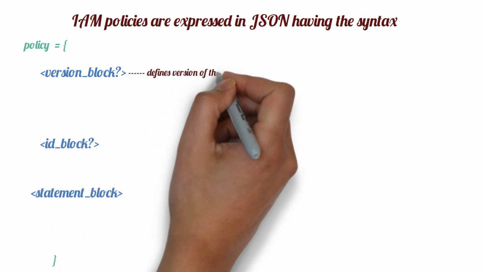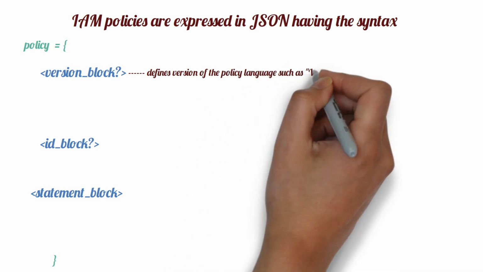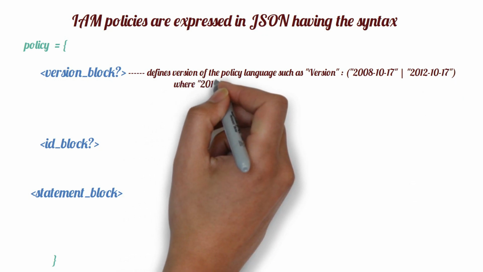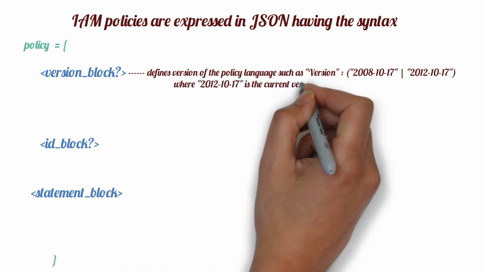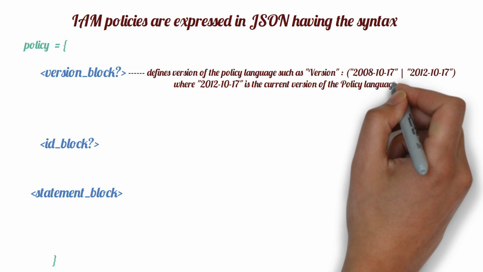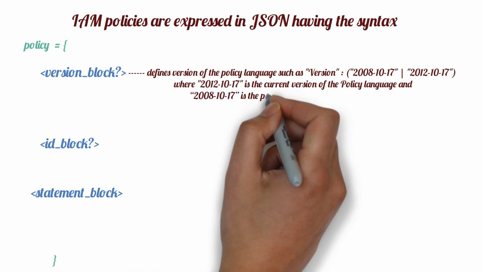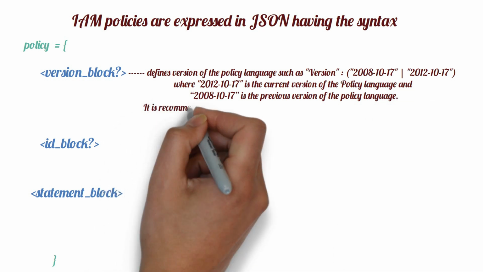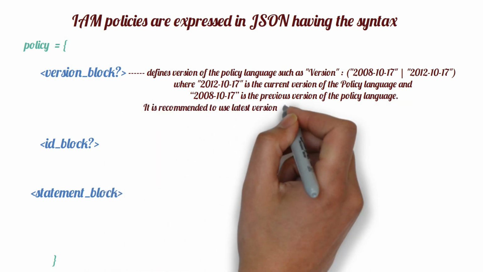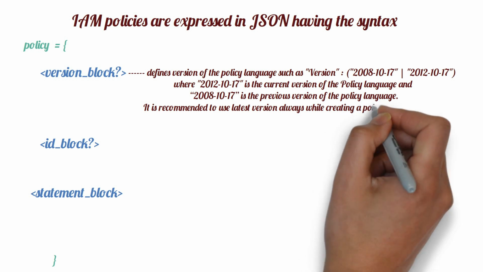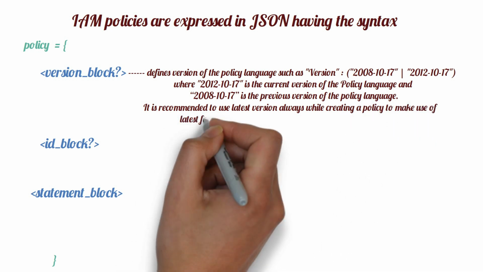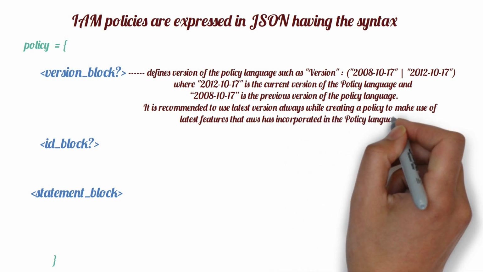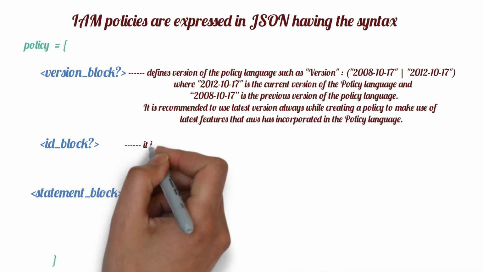The version block defines the version of the policy language, such as 2008-10-17 or 2012-10-17, where 2012-10-17 is the current version and 2008-10-17 is the previous version. It is always recommended to use the latest version while creating the policy in order to make use of the latest features that AWS has incorporated in the policy language.